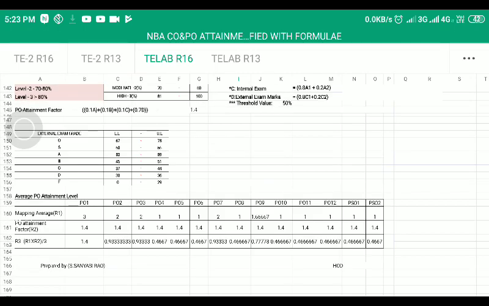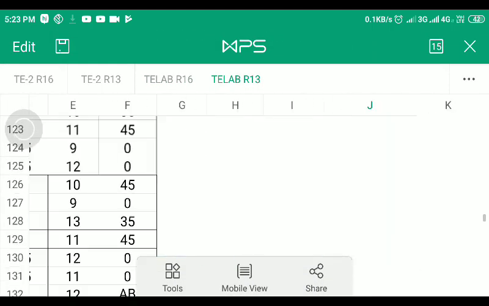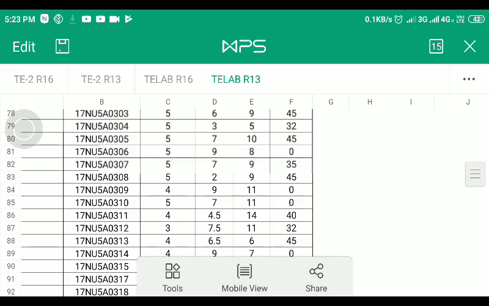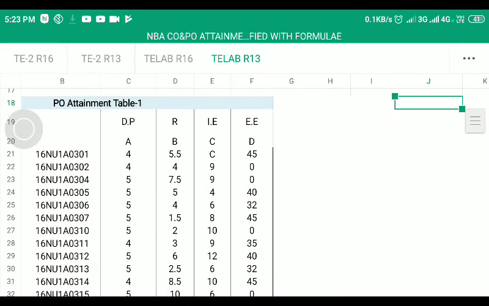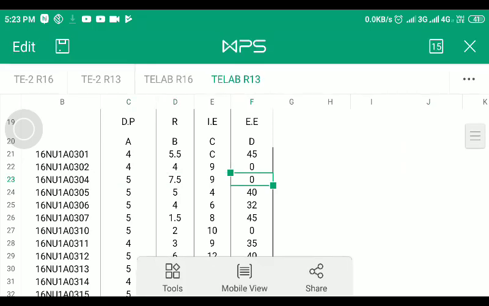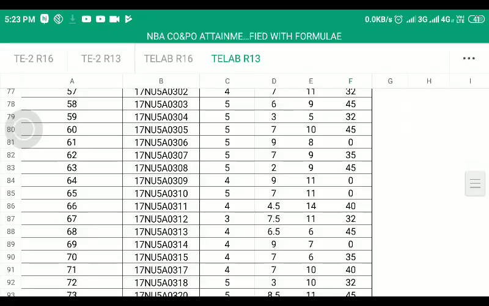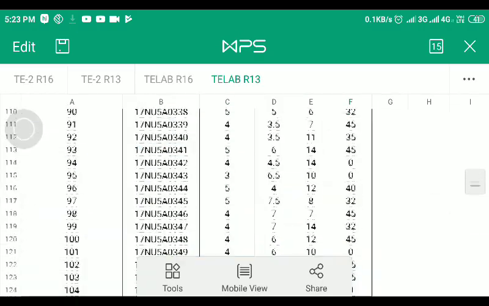This is also a direct table, you will get direct values. This is for R-13. So similar to the subject, but here only one best lab marks. Those you have to post here. Directly you get the values. Okay, thank you.